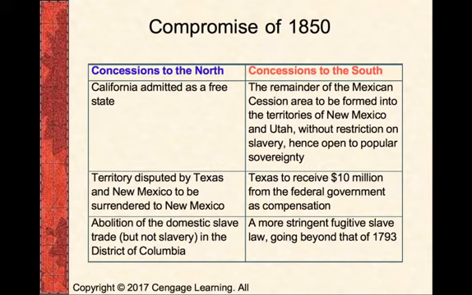So if enough people filled those territories who wanted slavery, they would get to make that choice. Texas receives $10 million from the federal government as compensation from that land sale. And the United States gets a more stringent fugitive slave law that is pretty harsh.